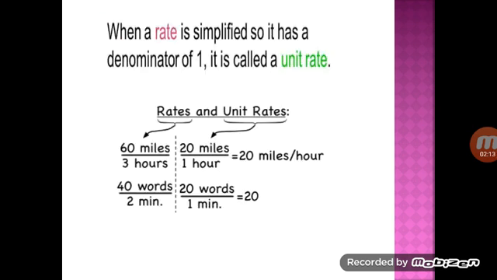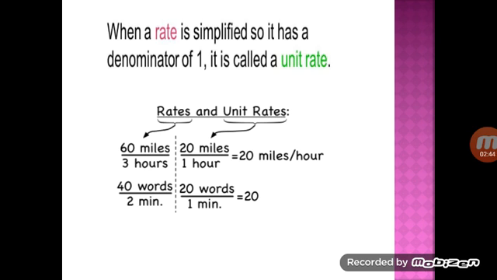Now when a rate is simplified so it has a denominator of 1, it is called a unit rate. For example, if a car covers 60 miles in 3 hours, when we simplify the rate, we divide the numerator by the denominator as we do in simple division questions. So we can say that the denominator will become 1 there.